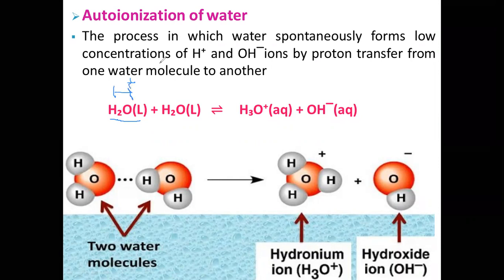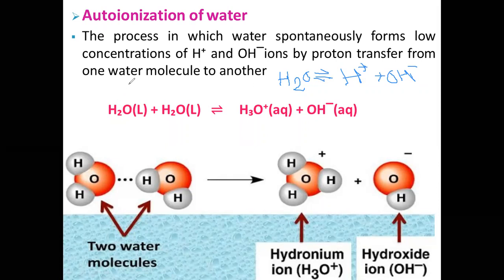If it undergoes dissociation, then one of the water molecules loses an H plus ion, right? Because as we know, whenever water undergoes dissociation, what happens? It forms H plus and OH minus ions, right? Understood?